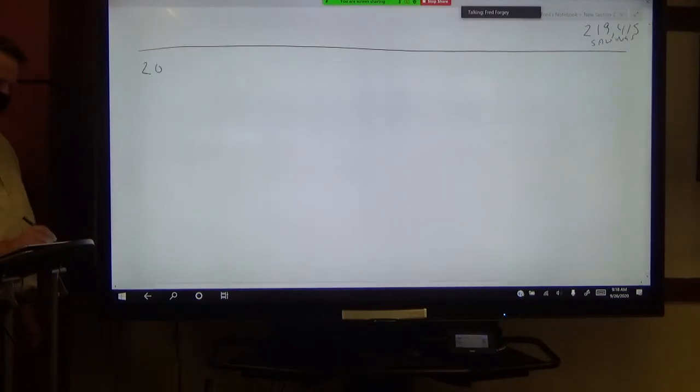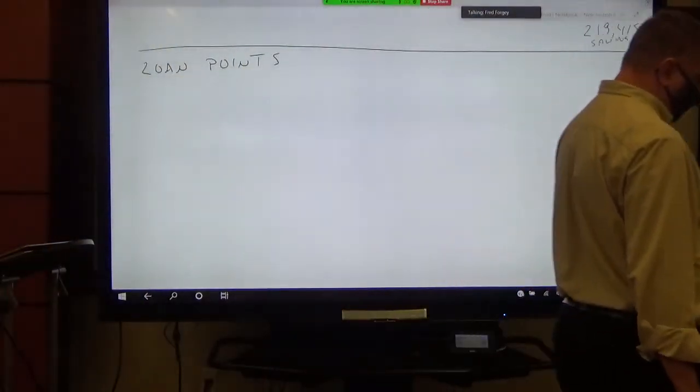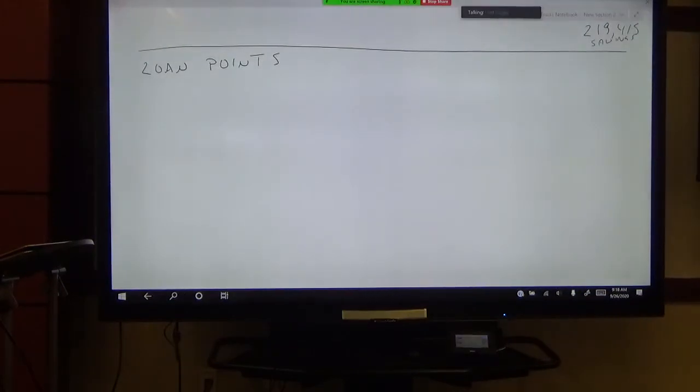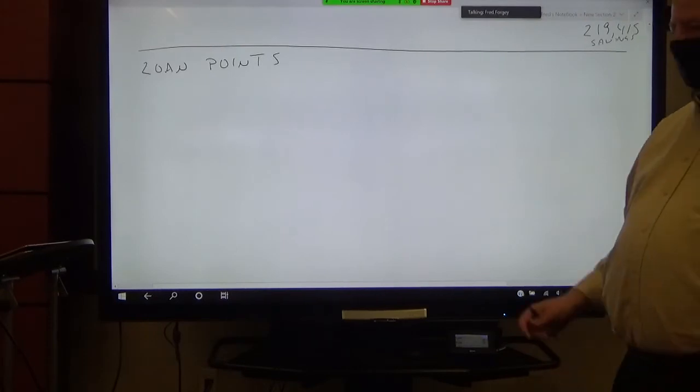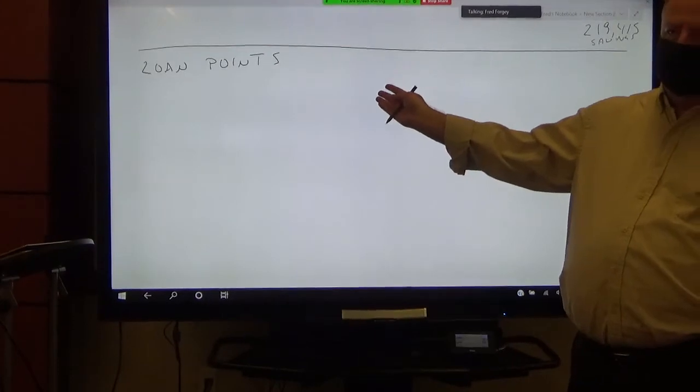All right, loan origination fees or loan points, let's talk about that, which we've already talked about in the previous lecture, but I'm going to give some additional explanation. So when you typically hear about loans and how interest rates sometimes get quoted, they'll maybe say, okay, it's a 5% loan with 2 points to close.